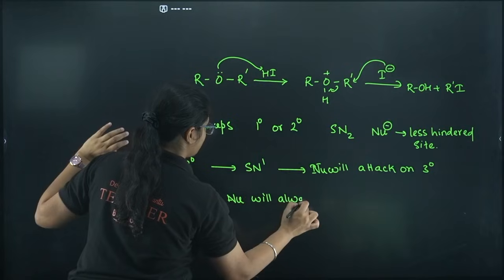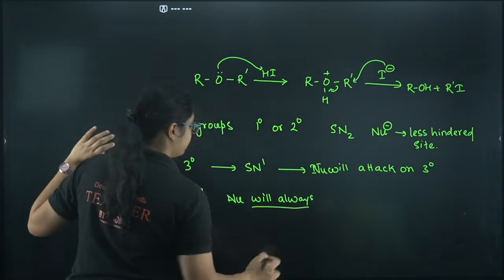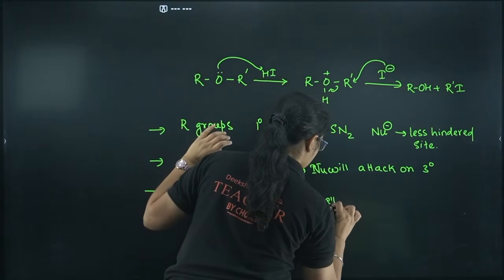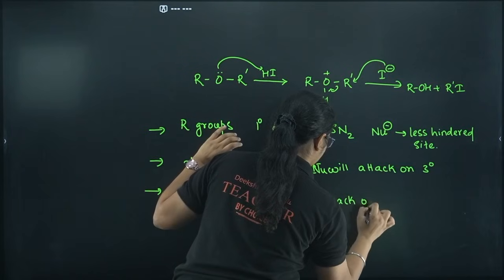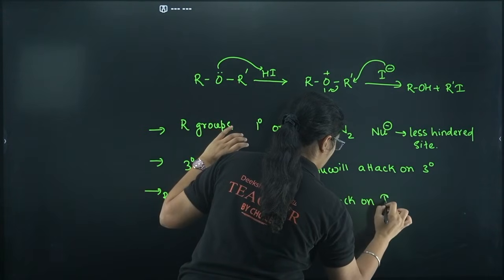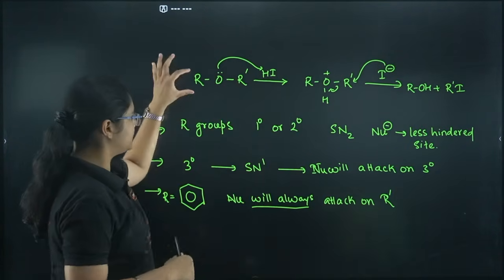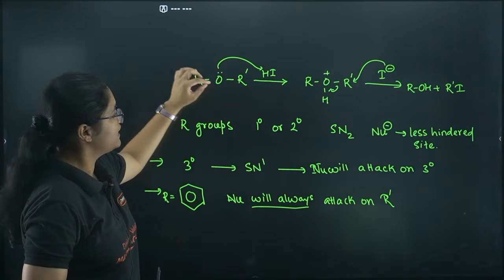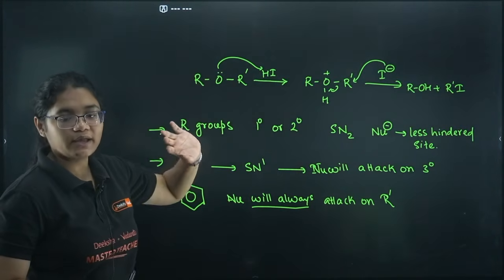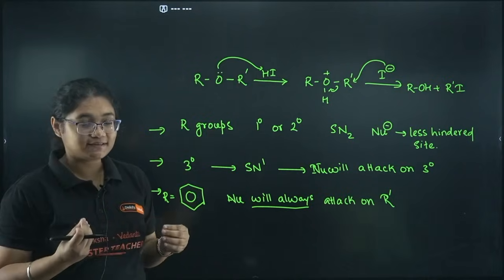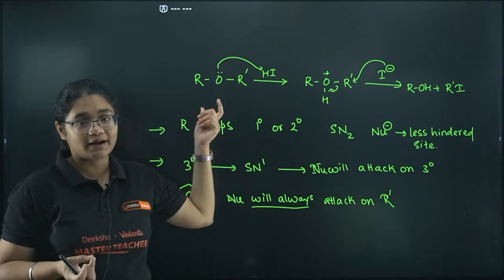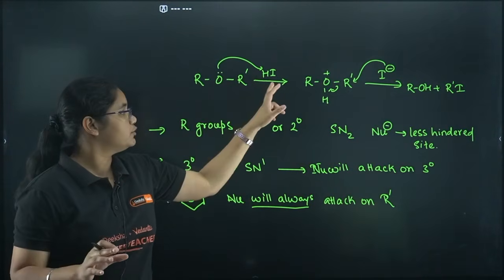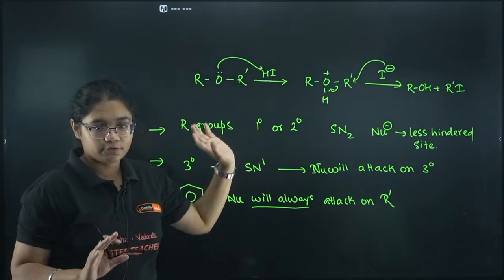Remember, here I am using the word always. So if one side is phenyl, the nucleophile will always attack on the other side. This bond cannot break. We have studied that there will be resonance, and this bond has partial double bond character, a very strong bond. So the nucleophile will always attack on this one.